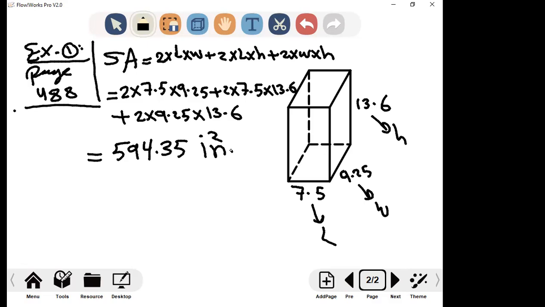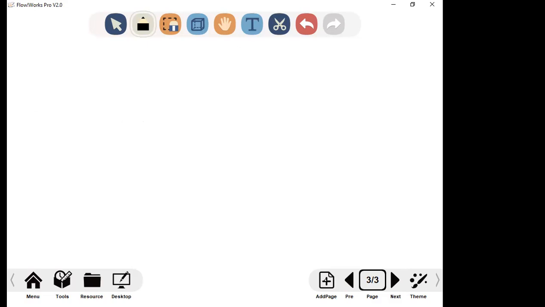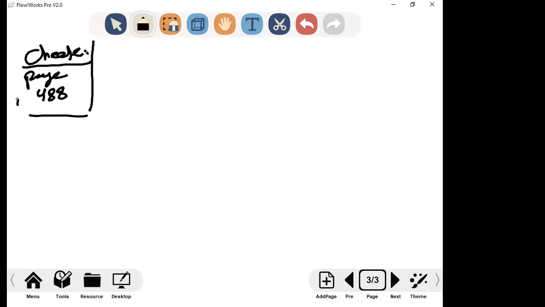This is example 1. Let's do the check after example 1 together. So we have the check after example 1, page 488. In the check also we have a rectangular prism, right?